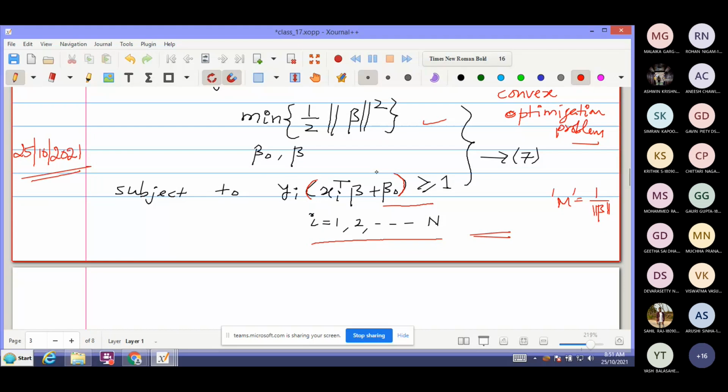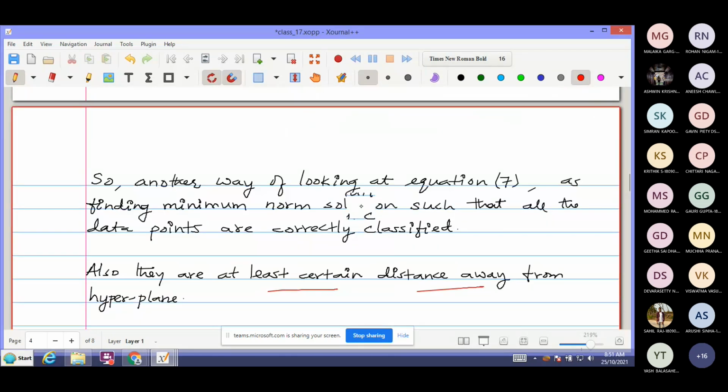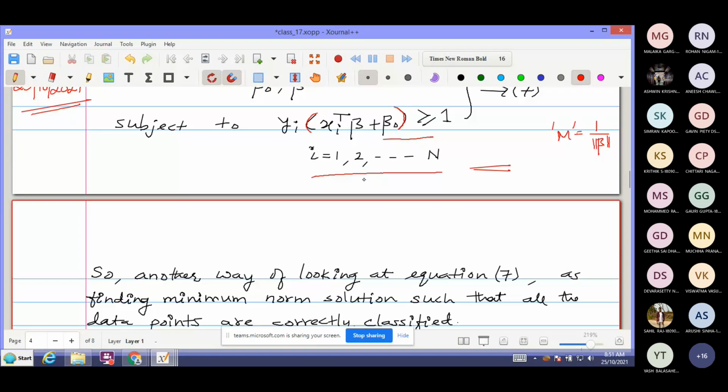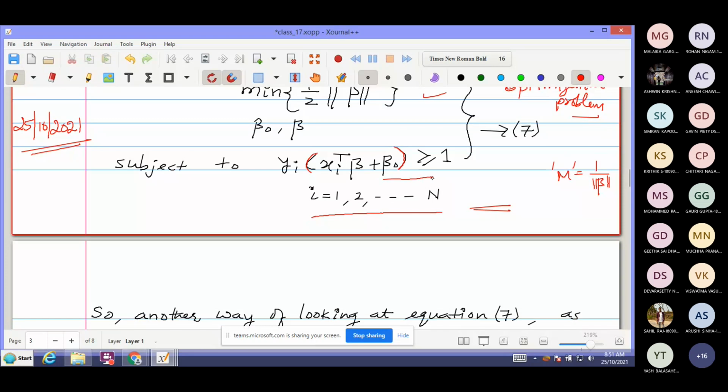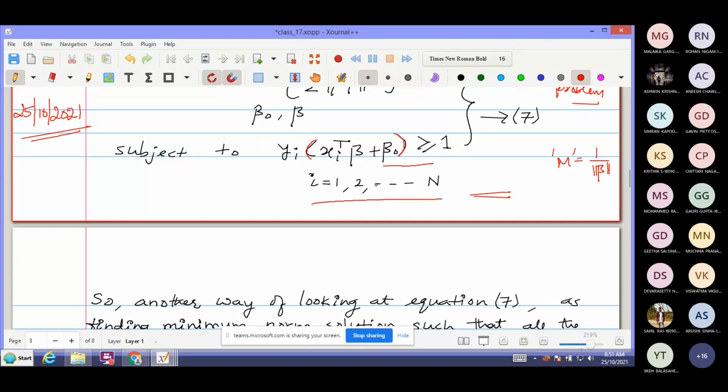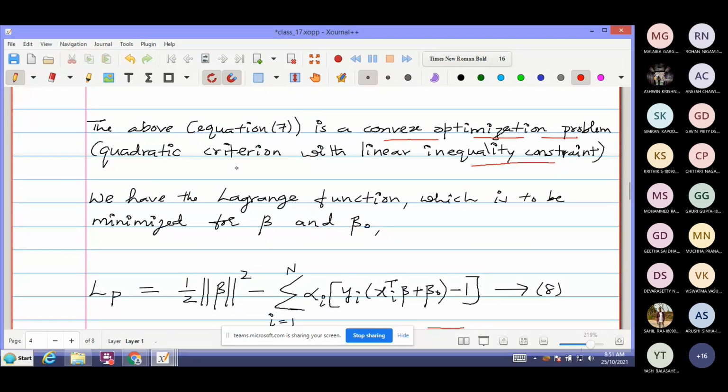But the inequality, if you look at equation 7, is linear in x. So therefore it's a linear inequality constraint. We call it a quadratic criterion with a linear inequality constraint, and that is essentially a convex optimization problem, which can be addressed by using the Lagrange function, which is given here.